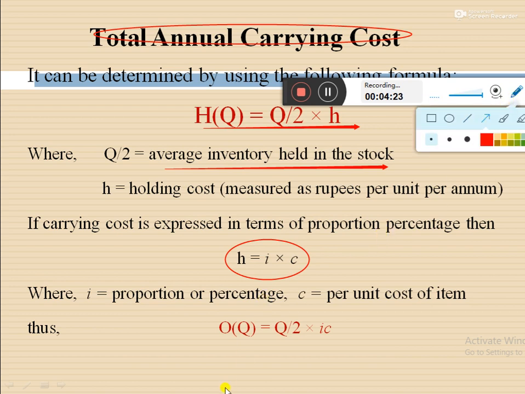So the annual carrying cost can be calculated by using this formula if the carrying cost is given in terms of percentage of the inventory value. We have discussed all these formulas in previous videos.